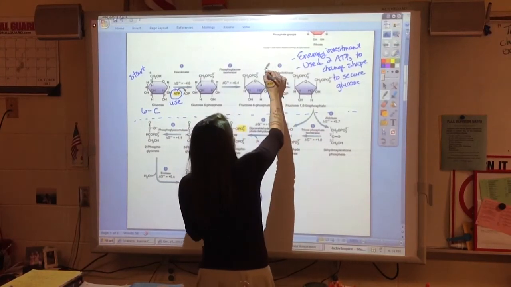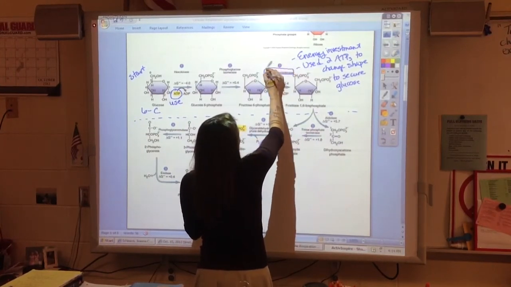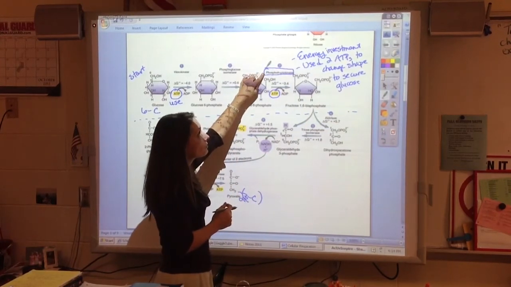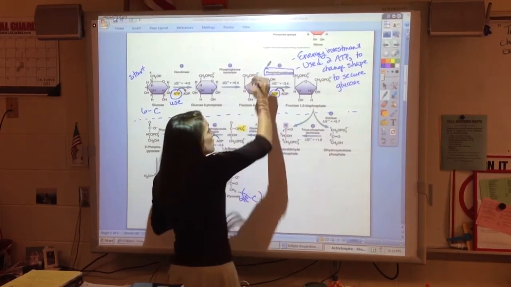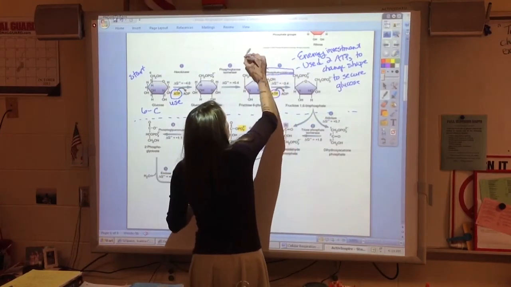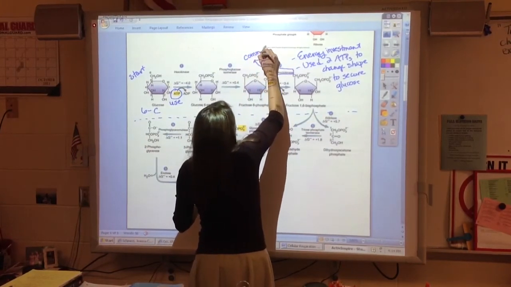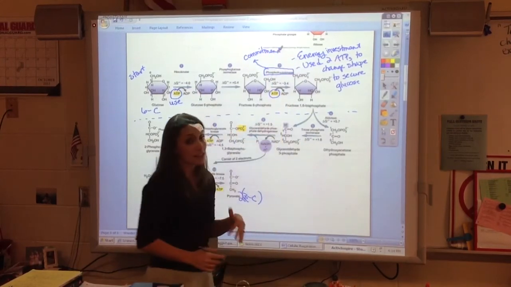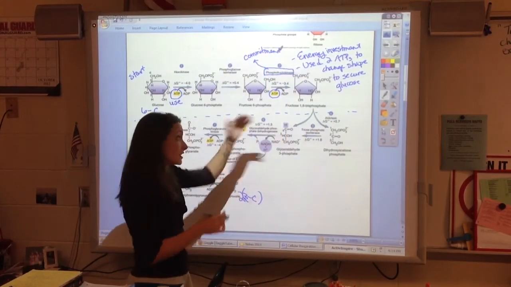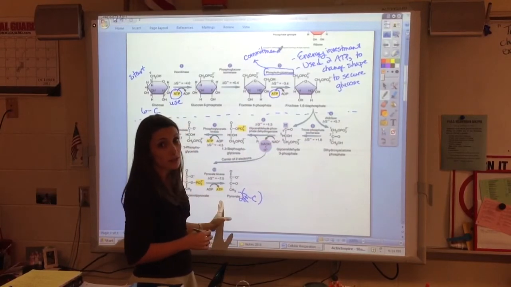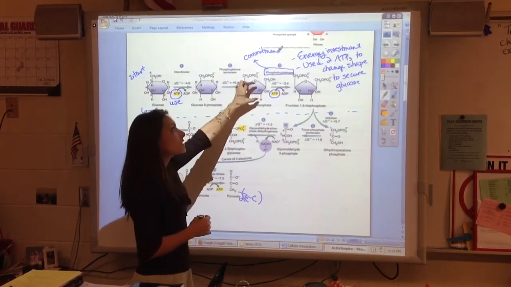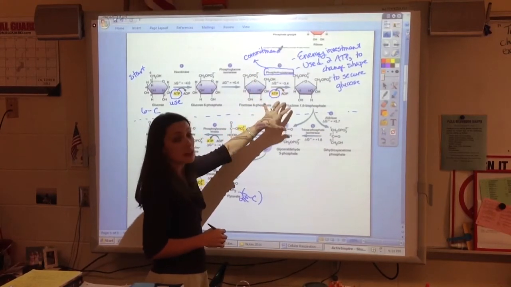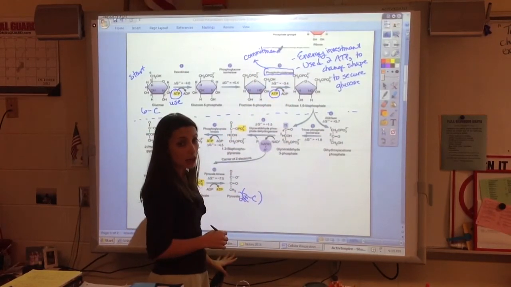And what we're going to focus on is the second time this happens. This enzyme, phosphofructokinase, is what we call a commitment step. Once we have invested this second ATP, we need to go ahead and recoup some of that ATP. So this step is only going to happen if we really need the rest of the reaction to happen.